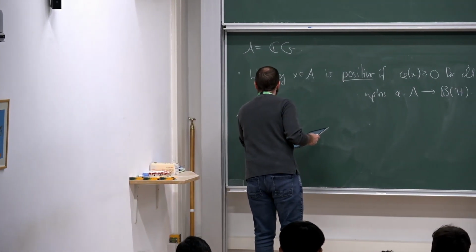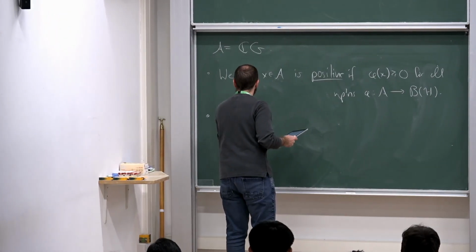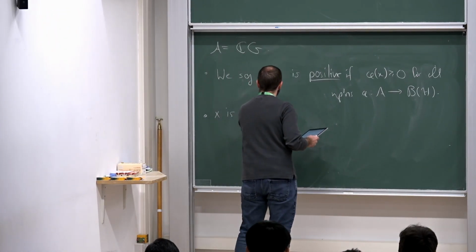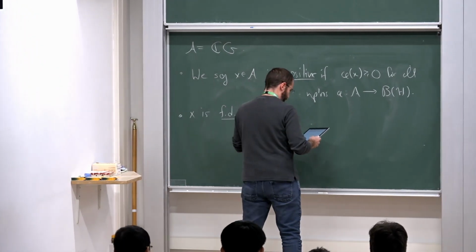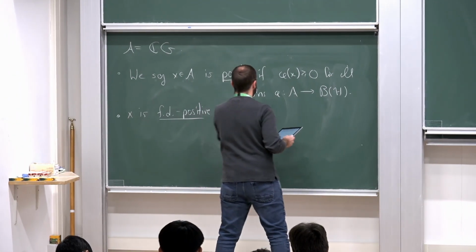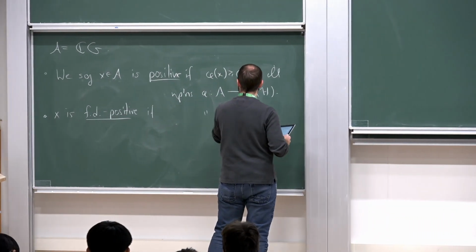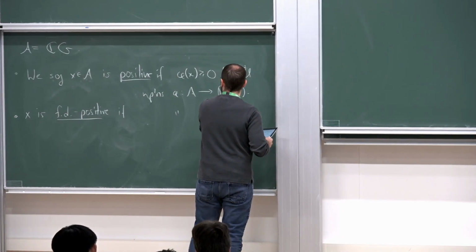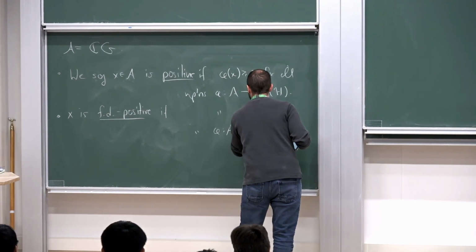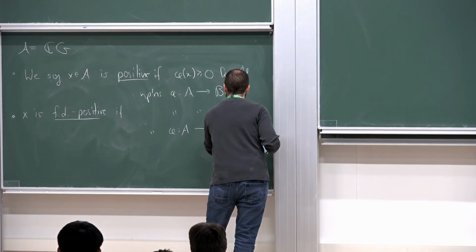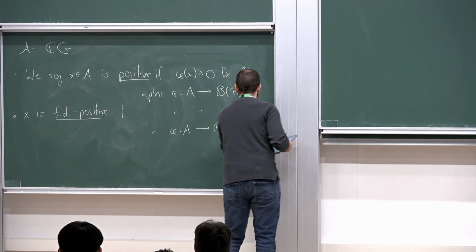We'll say x is finite dimensionally positive, FD positive for short, if we have the same thing here, so phi of x is greater than or equal to 0 for all representations, but now phi goes from A to B(C^d), for some d.